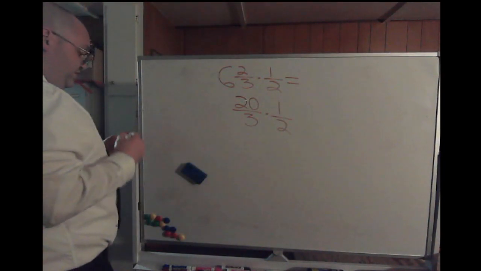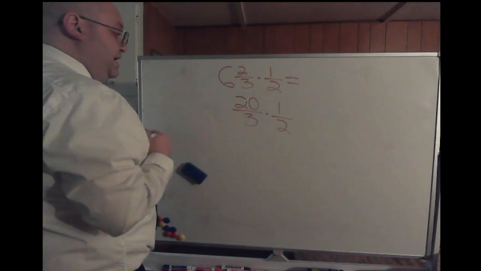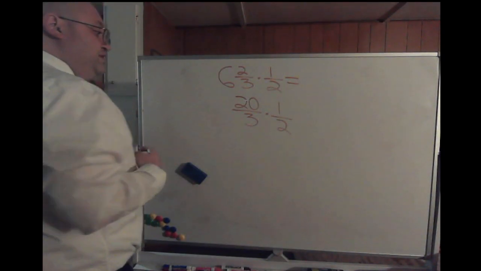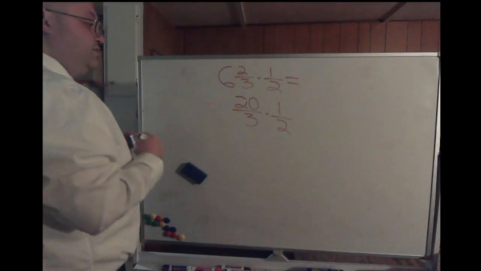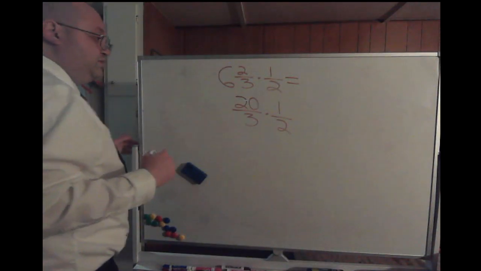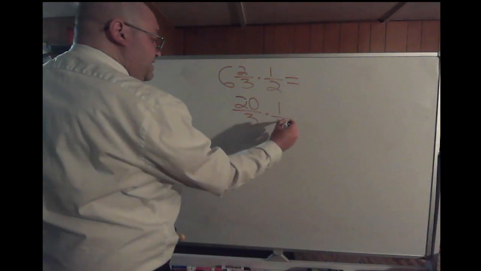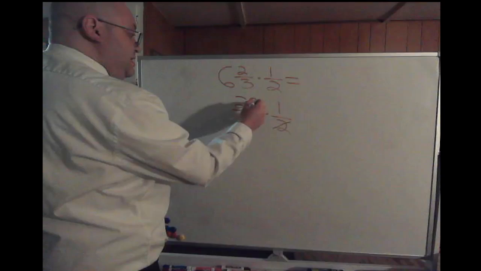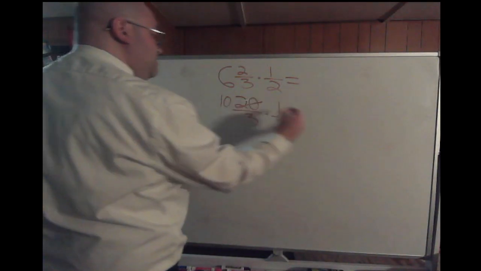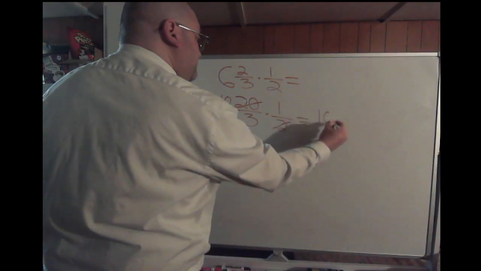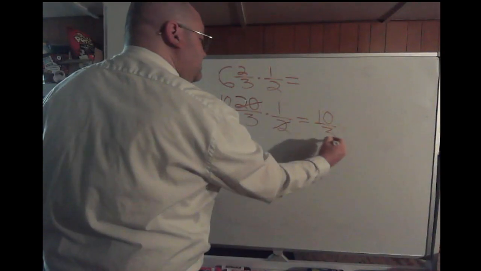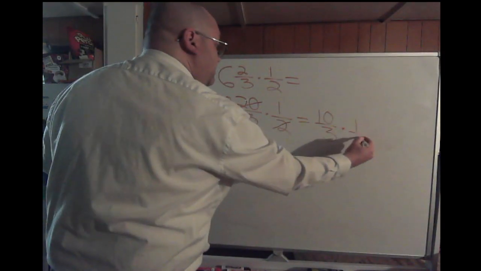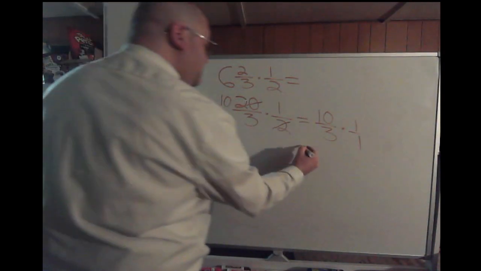Now you're reduced down to 20/3 times 1/2. Do we have anything that'll cancel out between the numerator and denominator? We sure do. The 2 will cancel out here, and you can divide 20 by 2, you'll get 10. So what you're left with is 10/3 times 1 over 1, which 1 over 1 is just 1.